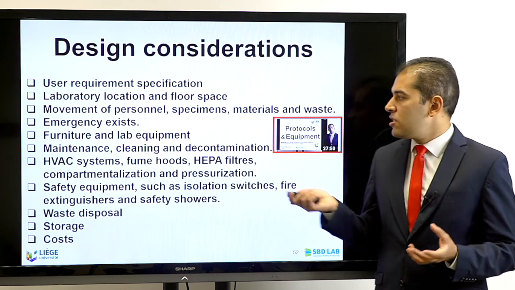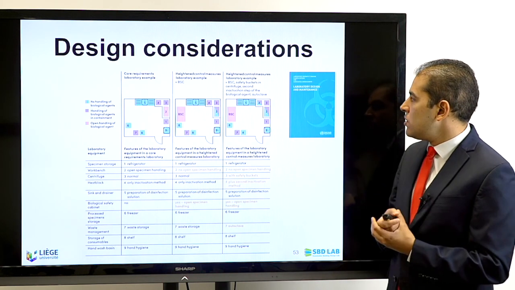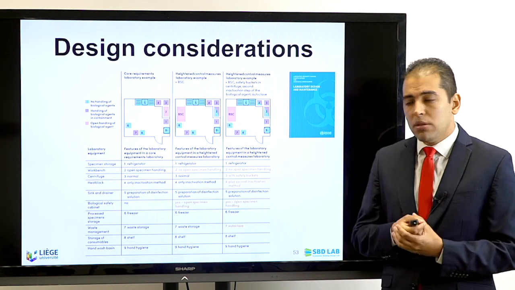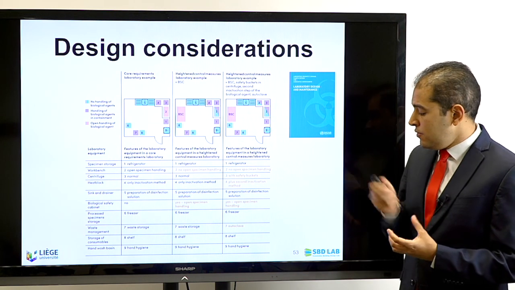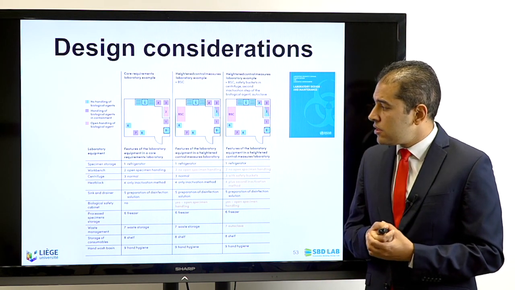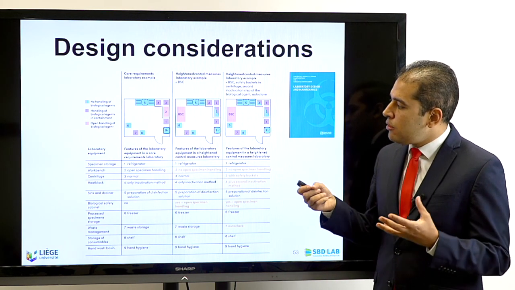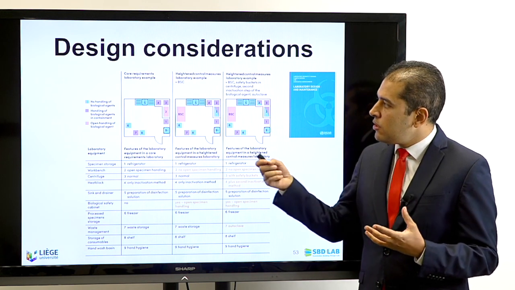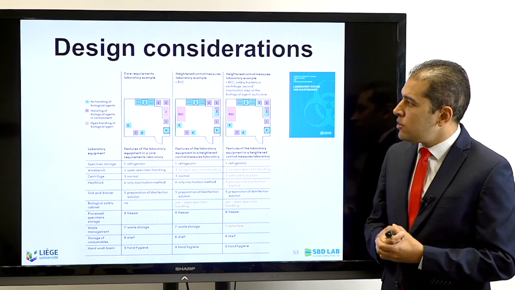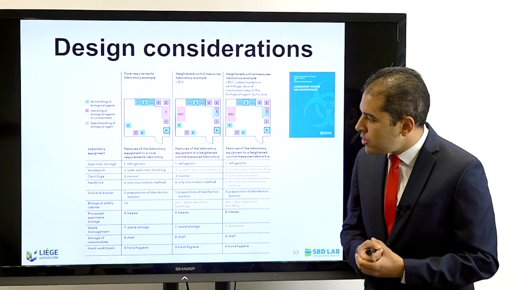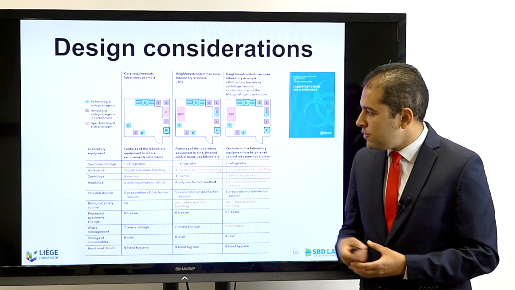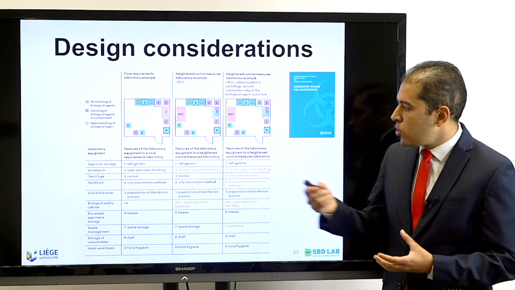And here there's a very interesting guideline. It's called Laboratory Design and Maintenance, developed by the World Health Organization. I invite you to download it. It's an open access document, and it gives you some requirements and recommendations regarding the core requirements for a laboratory. Here they give different examples, talking about the lab equipment and the features of the laboratory equipment in the core.